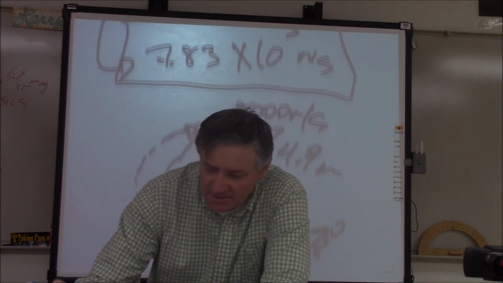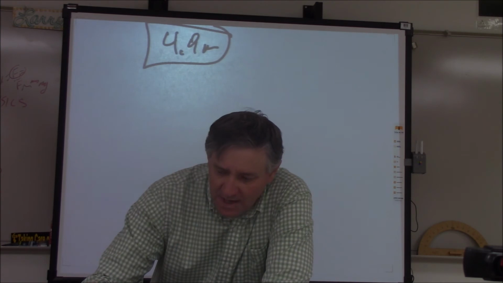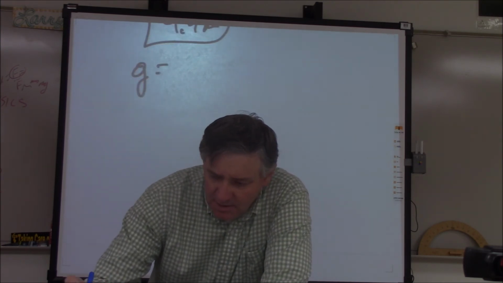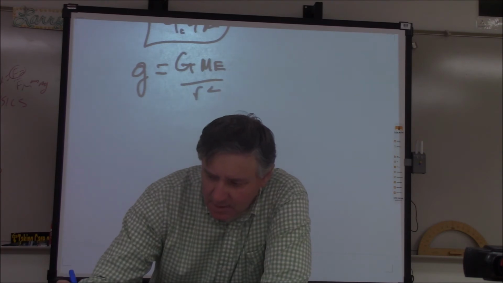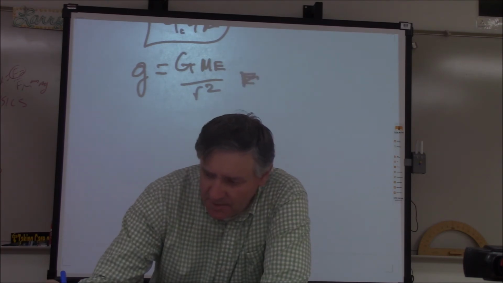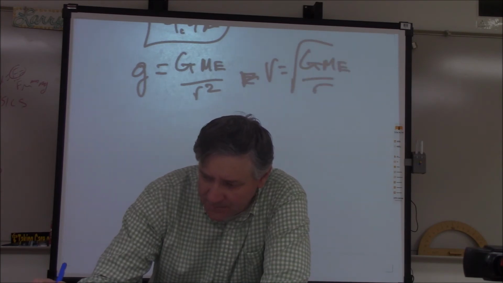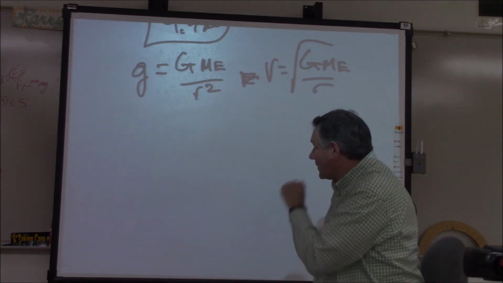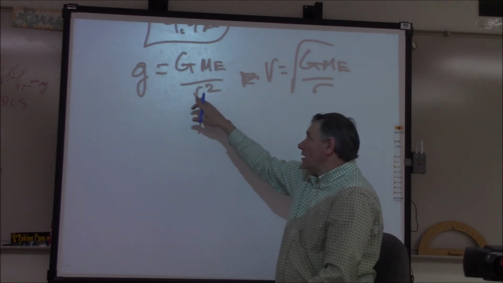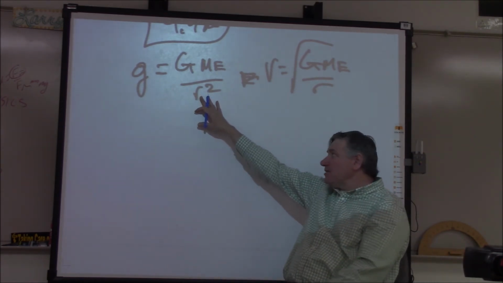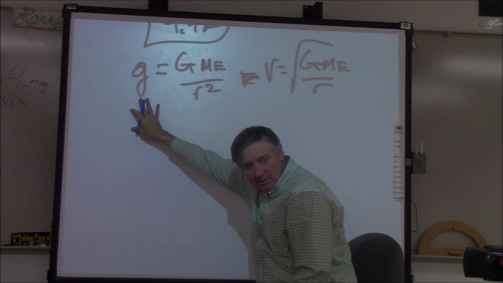So here's the deal. We've got this equation: little g equals big G mass of the Earth over r squared. We just came up with v equals the square root of big G mass of the Earth over r. Now, if you make the radius bigger here, little g becomes smaller.